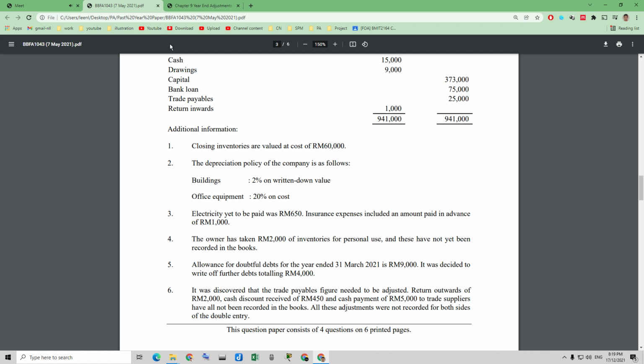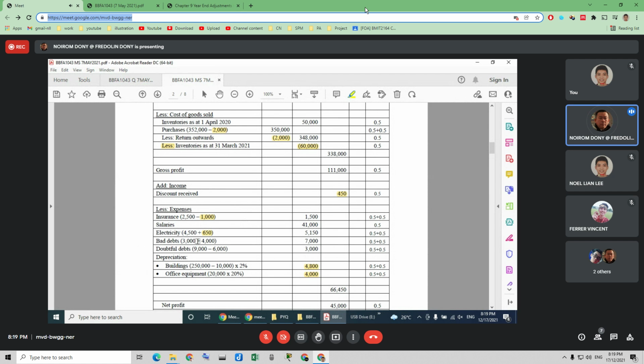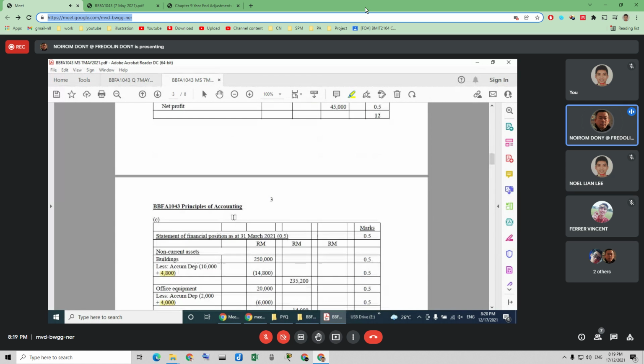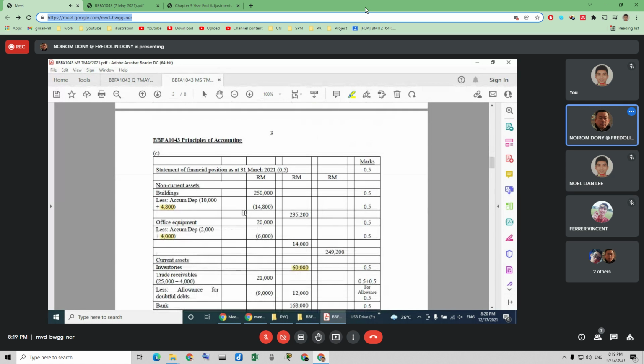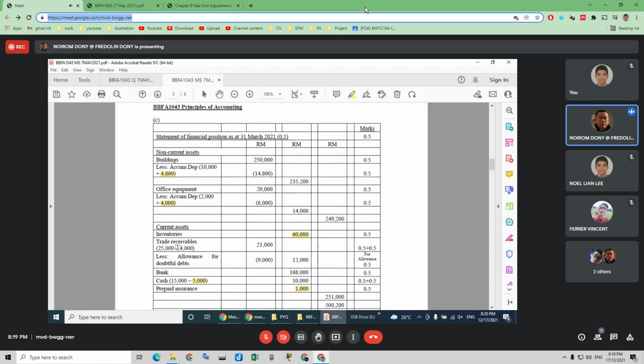So adding 4,000 here to the existing bad debts is debiting. And where is the credit? The credit is when you minus, under current asset, the trade receivable, minus 4,000. So this is crediting. So we have done the debit and credit.